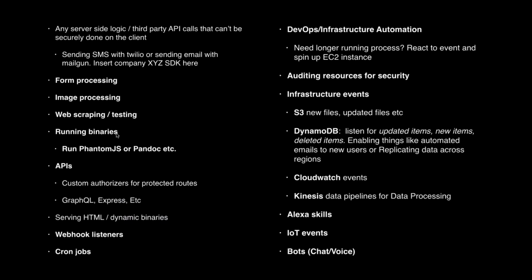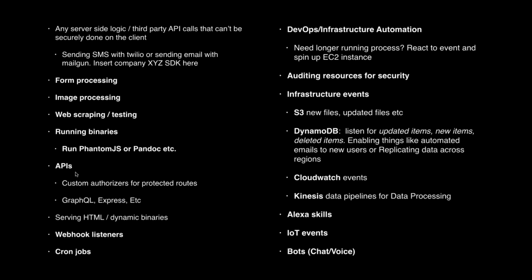Since you have access to Node, and you can run binary files in Node or Java, etc., you can actually run those processes ad hoc. For example, you could set up a cron job with Lambda and watch your favorite sports site for their latest scores or latest draft picks or whatever, and then send yourself an email when there's an update. That's an example of something you could do.